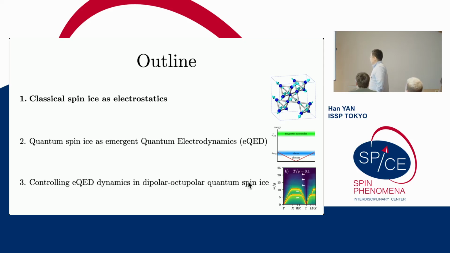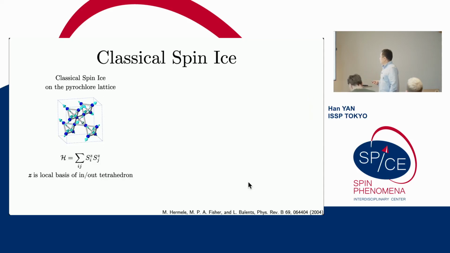Before we get there, I'd like to introduce some basics about classical spin ice and quantum spin ice. Classical spin ice is essentially a realization of electrostatics, that is, just having the emergent electric field on the lattice, and it is described by this charge-free condition at low energy.